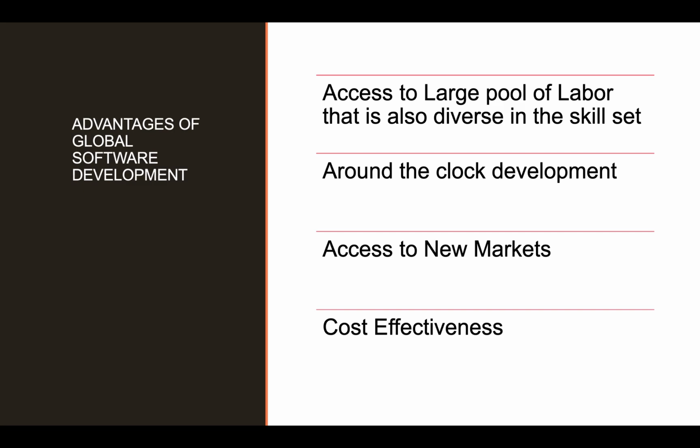Also, there is around the clock development, access to new markets, and cost effectiveness. It may be cheaper to outsource some of the work because you can get a lot more for your money's worth, and not have to spend as much on requirements engineering as you would if you were doing everything within the same country, within borders.